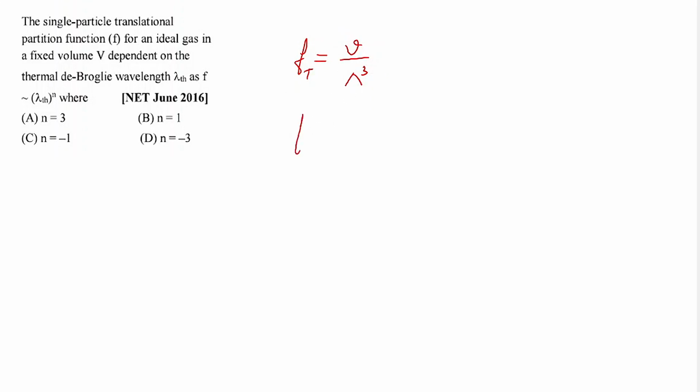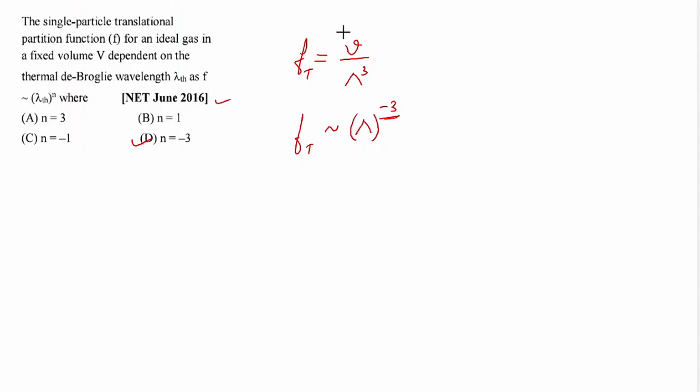So this we could write as f equivalent to lambda to the power n. Since lambda cube is in the denominator, we can write it as lambda to the power minus 3, and hence the correct option is minus 3, that is n is equal to minus 3.